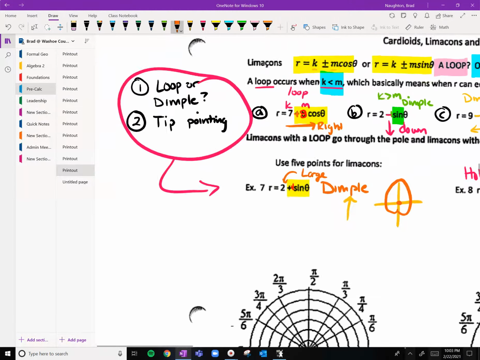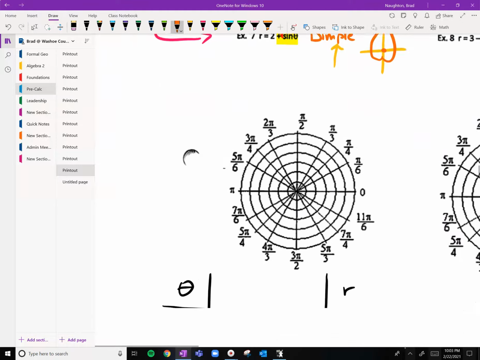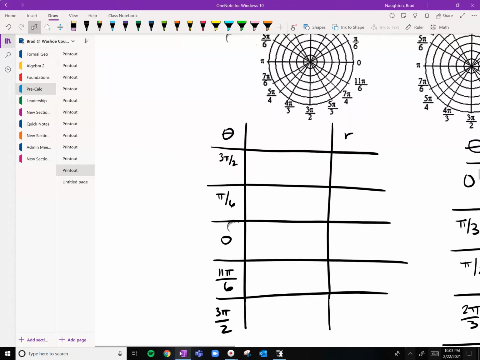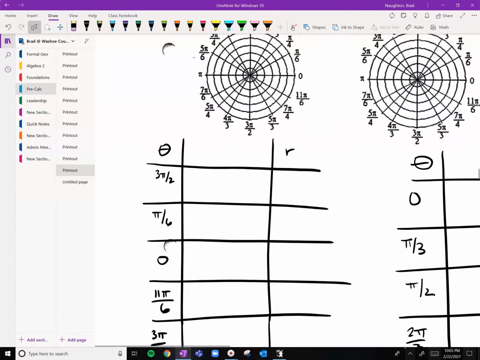And we're going to go to the table. So we have the same points that we've been using, of course, for sine, because we know what pi over 6 is. We know that's 1/2. So we're going to plug this into 2 minus 1 sine theta and basically do the same trend that we've been doing. So hopefully you're starting to pick this up. Notice I started at 3 pi over 2 here, but it doesn't really matter where you start.